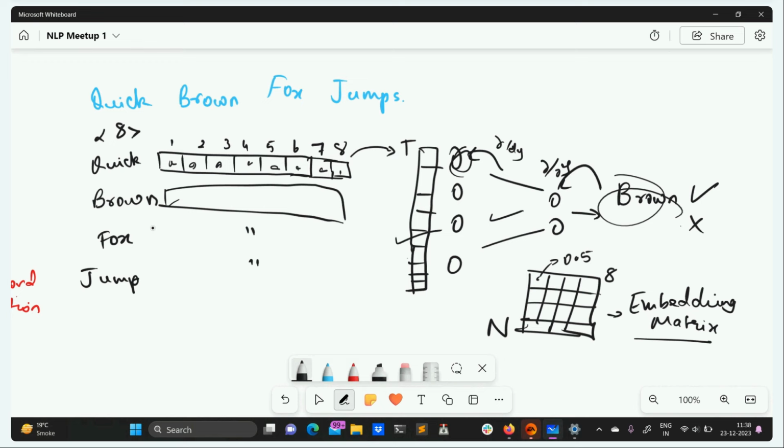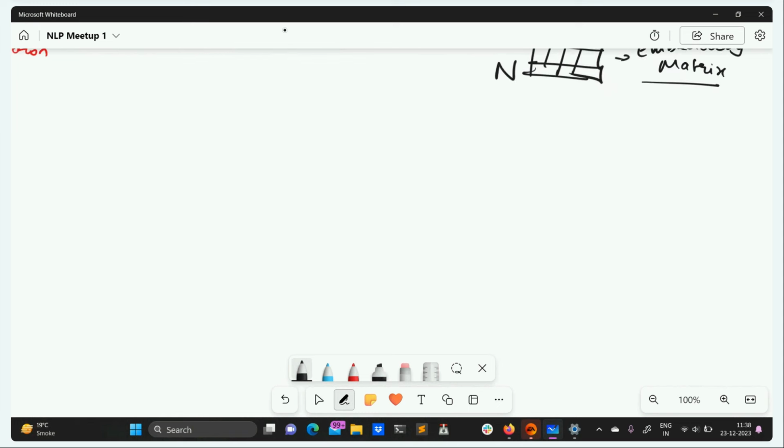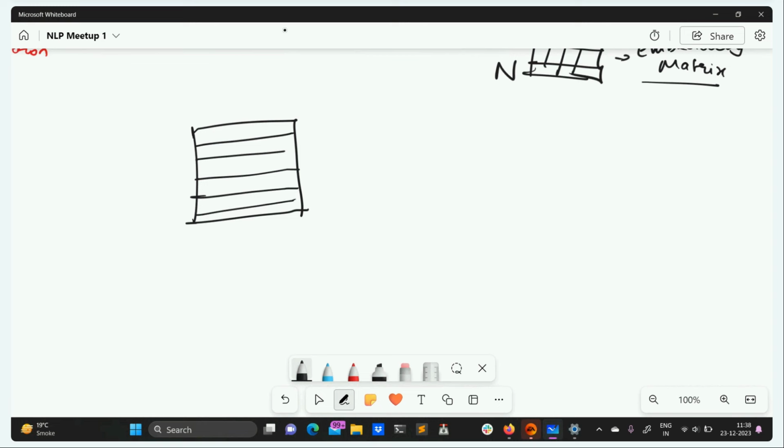So once the model is completely trained, what you will have is a final matrix here that will have one vector for all your words in the vocabulary. So you will have a vector for quick, you will have a vector for brown, you will have a vector for fox, jumps, so on and so forth.